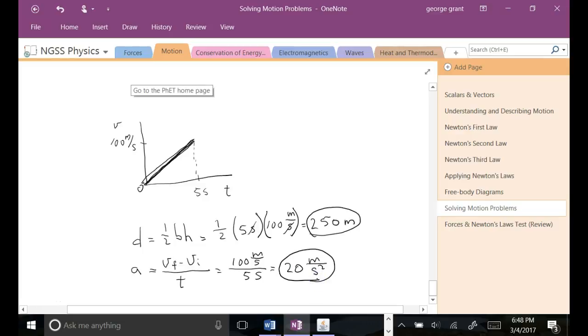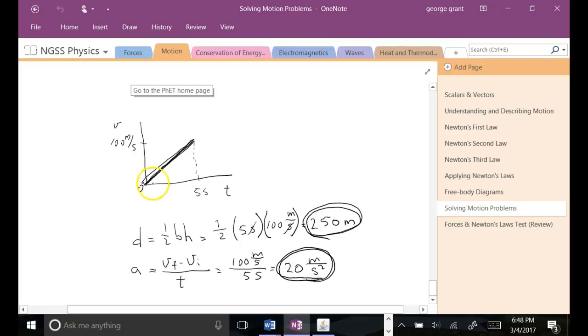Okay, so just from knowing the graph and the initial and final velocity, we were able to find both a displacement or distance traveled and also the acceleration, the rate of increase in the velocity.